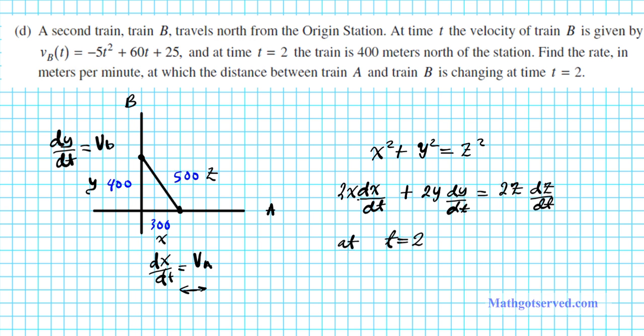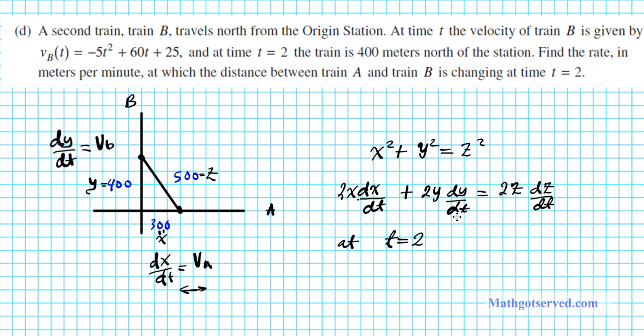We're going to evaluate these functions at 2, evaluate these velocities at 2, and then see what we get. Before we do that, one thing you notice is that you can divide the entire equation by 2, and here we're told that y is 400, x is 300, and z is 500. So let's plug that in, and also reduce everything by 2.